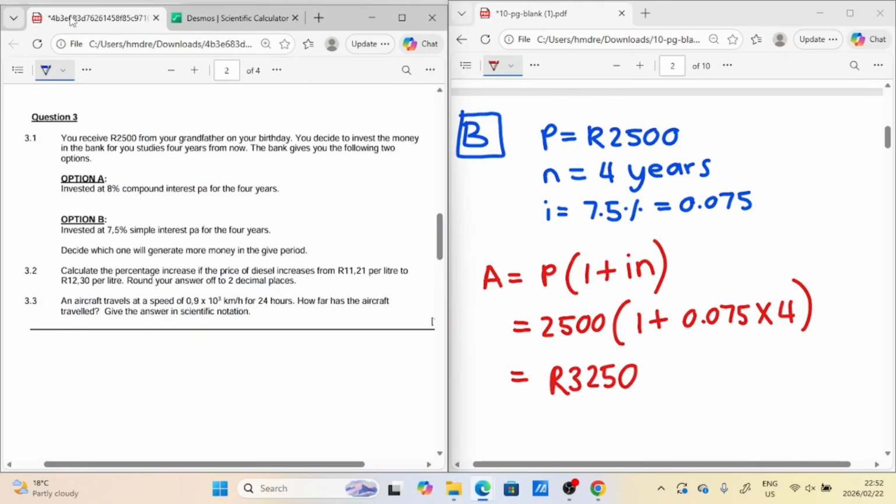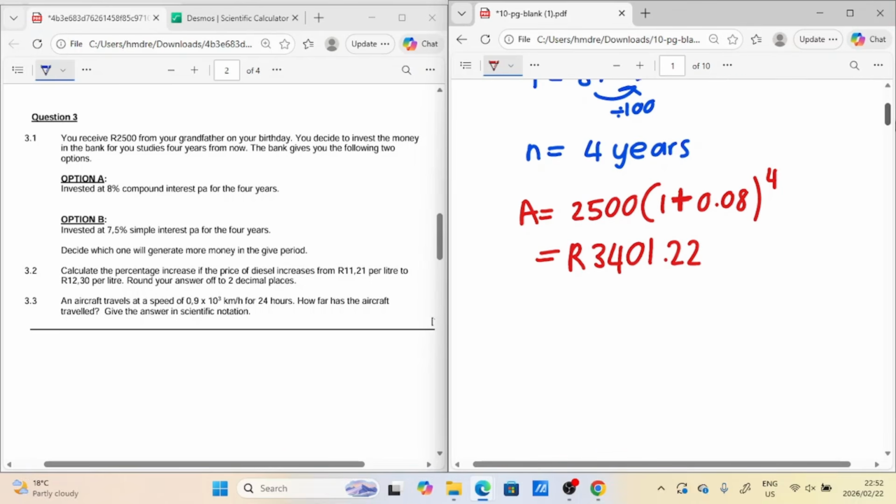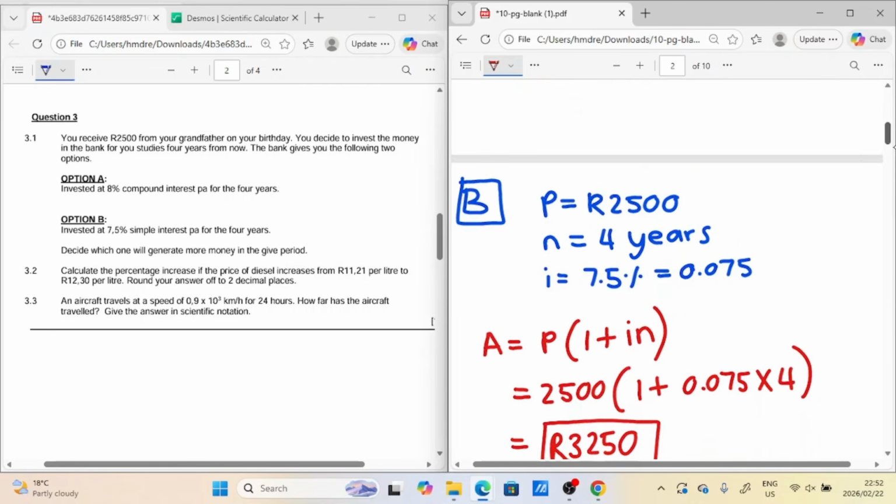Okay, and they say decide which one will generate more money in the given period. So this one, option B, was 3,250. Option A was 3,401 Rand. And so option A will generate more interest.